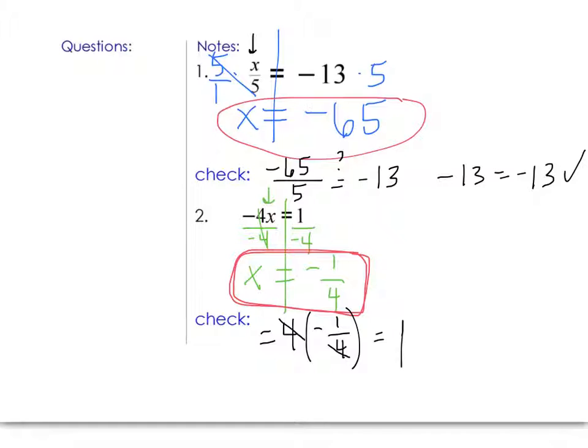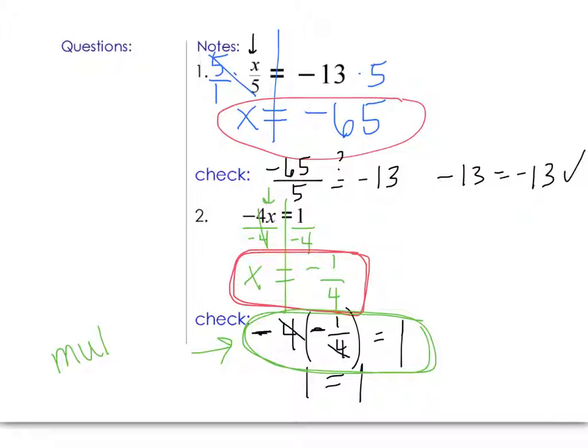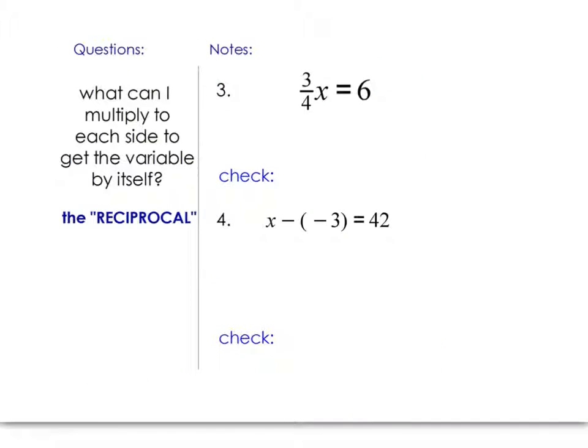Negative 4 times negative 1/4 leaves me with positive 1, equals 1. What does this look like? What property is that? Doesn't that look like the multiplicative inverse? I think it does.